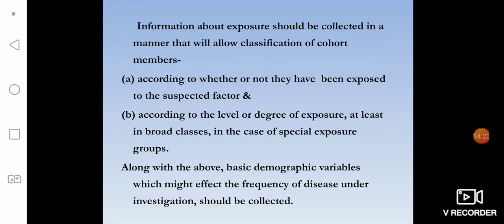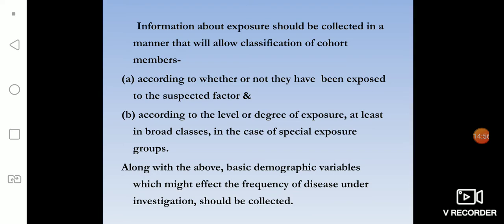Now, information about the exposure should be collected in a very meaningful manner. Why? Because this should help us in classifying the cohort members according to whether or not they have been exposed to the suspected factor. Because when we are studying, it should help us to identify and classify them as exposed or not exposed, and if they are exposed, to what degree. So that will help us in classifying the people easily and in a better way.